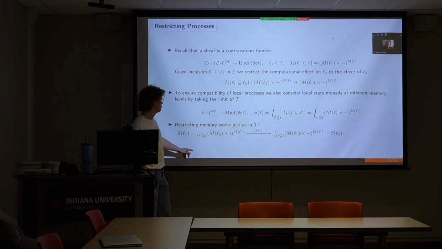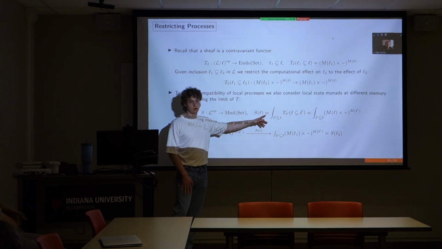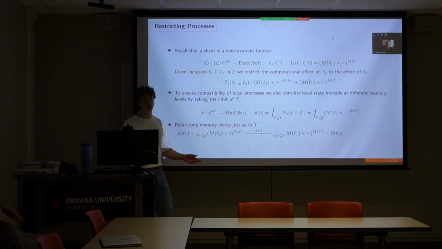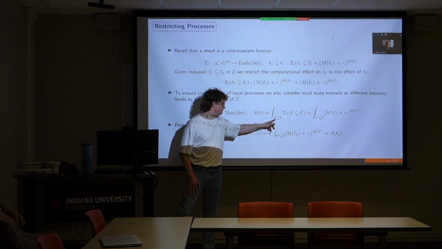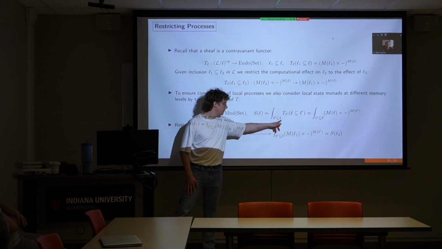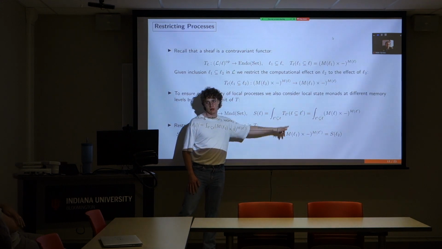So we have some inclusion morphism I. Oh no, never mind. So we have now a way to access all those families of programmatic effects for all open subsets in L. So for all L prime in L, we have a T L prime.